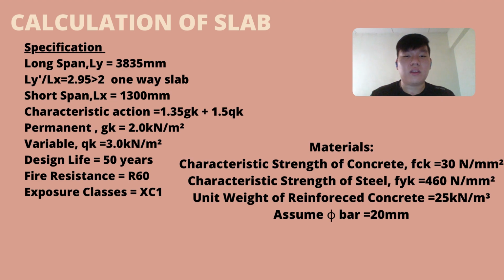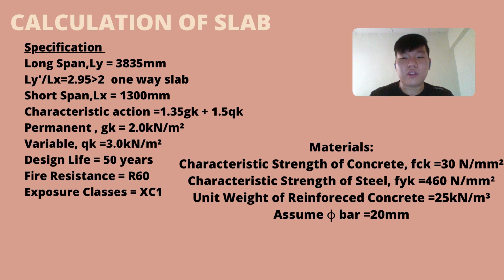And the short span LX is 1300 mm and the permanent load GK is 2.0 kN per meter square, and the variable load QK is 3.0 kN per meter square, and the design life is 50 years, fire resistance is R60, and the exposure class is XC1.